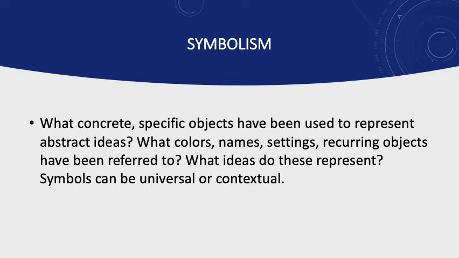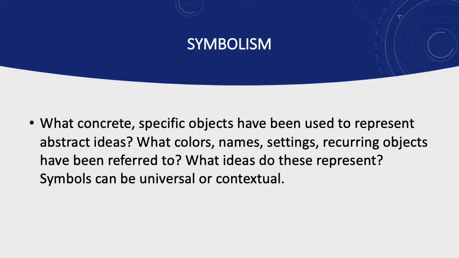So, symbolism. Symbolism is when concrete, specific objects are used to represent abstract ideas. These are colors, names, settings, recurring objects. These are often symbols. What do they represent? Concrete means tangible. Tangible means touchable.